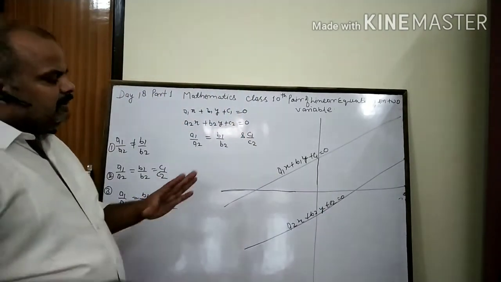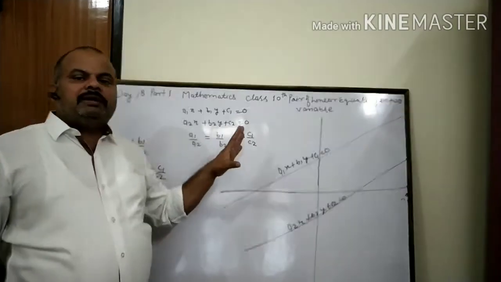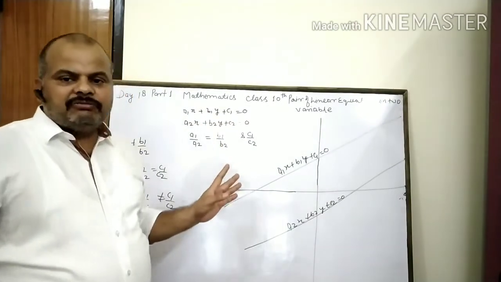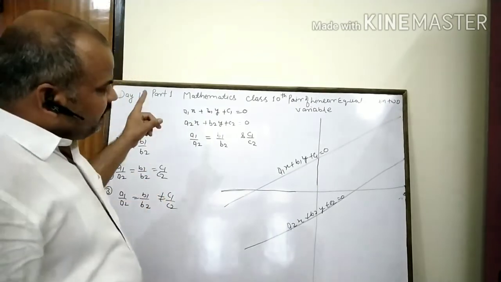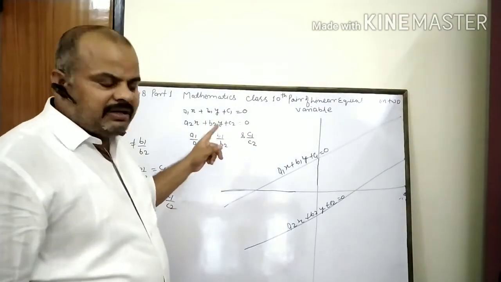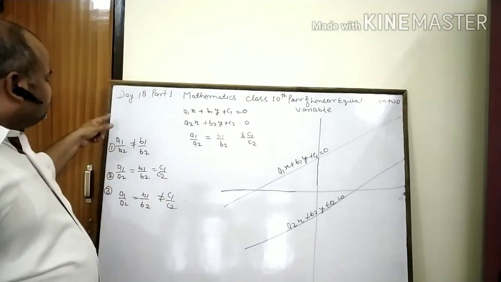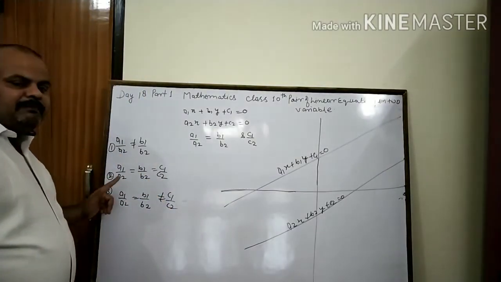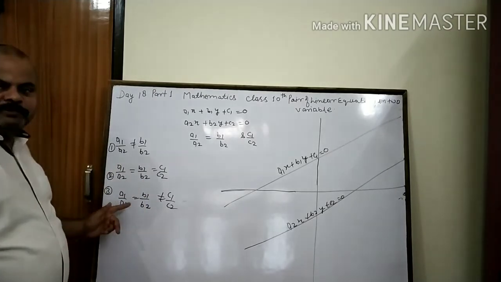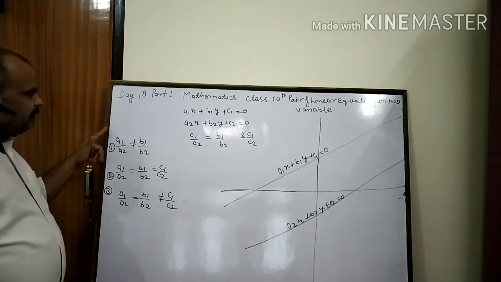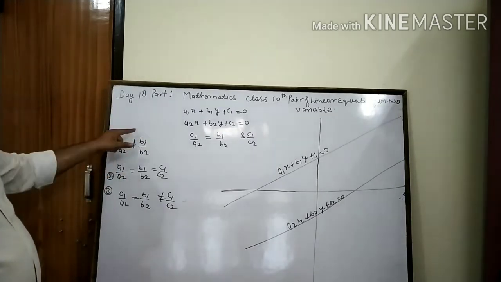Clear? Up to this we have discussed. Suppose you have a pair of linear equations in two variables, or simultaneous linear equations in two variables, and you want to solve it geometrically or graphically, then first of all you check the conditions of the lines with the help of their coefficients, that is, the coefficients of x and y, like a1 upon a2 and b1 upon b2.